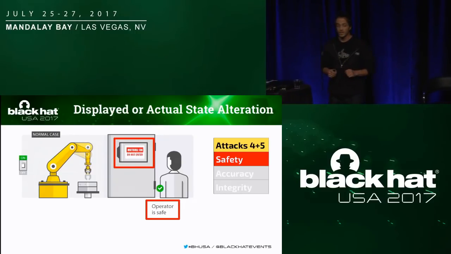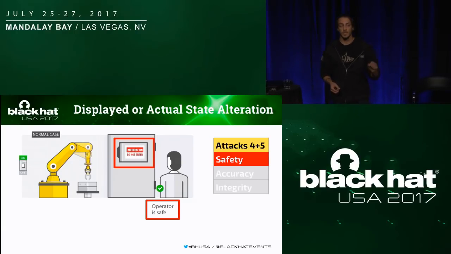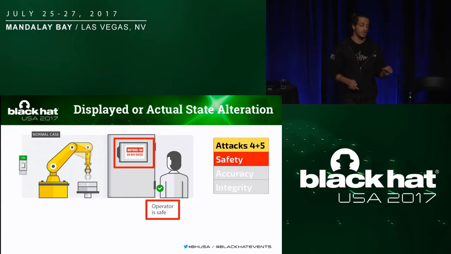The last two attacks are the ones about the state alteration. What if the attacker is able to modify the state of the robot, turn it on at his will, or change the representation of the state that is displayed to the user? Well, if the user reads motors are on on the teach pendant, he will not enter the workspace.